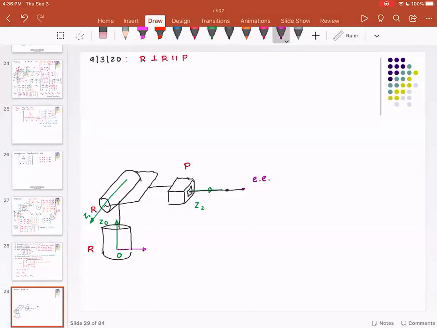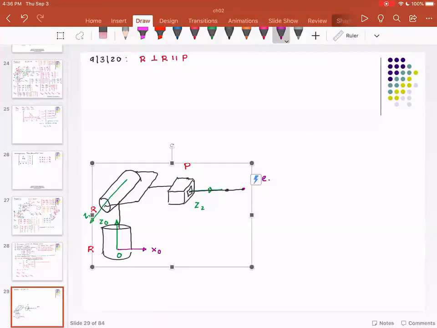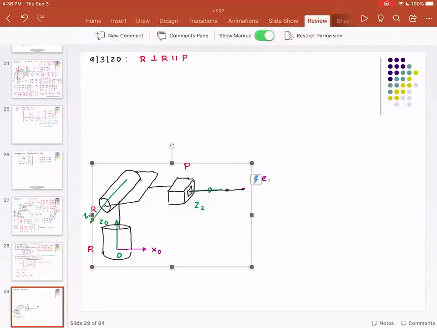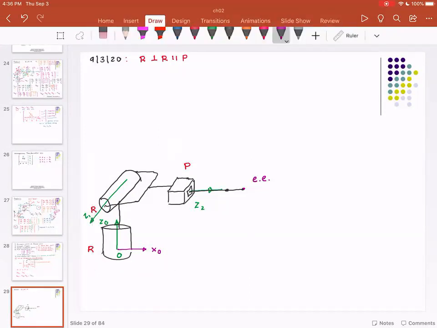Next, I will have x0. Please understand, the direction of x0 does not matter because there is no frame before the 0th frame. However, the direction of x1 matters because you have a frame before the first frame.